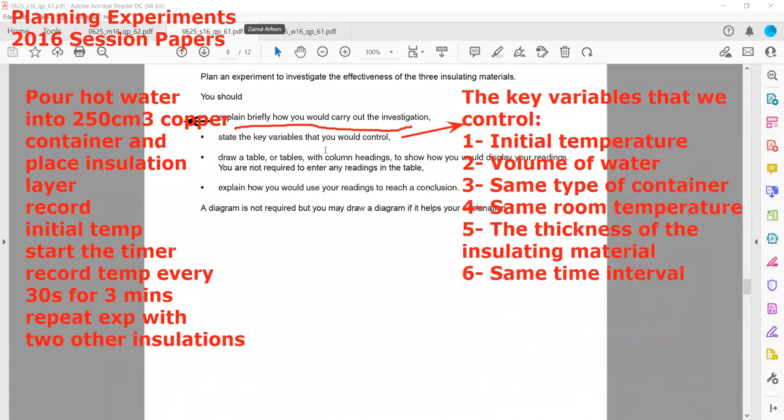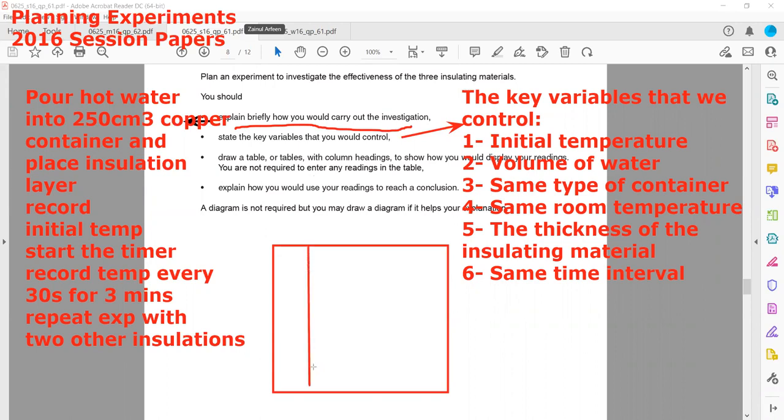Then draw a table or tables with column headings. So what are the tables? We'll have time, and you can have everything in the same table, or you can draw separate tables. Time interval is there, then temperature with insulation A, insulation B, and insulation C. You don't have to fill the table, but a table will always have column headings.